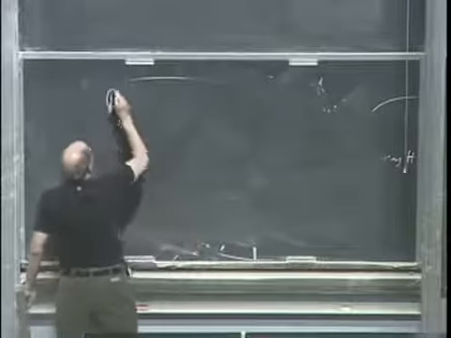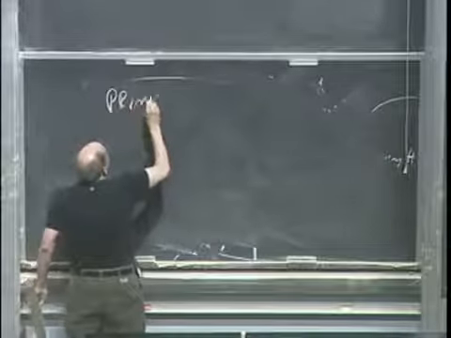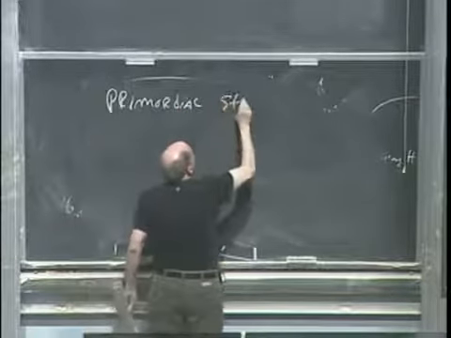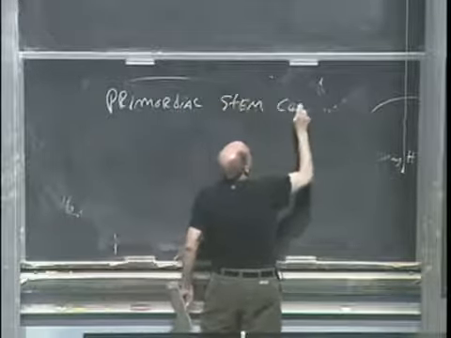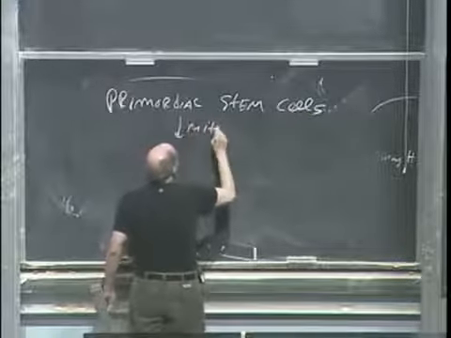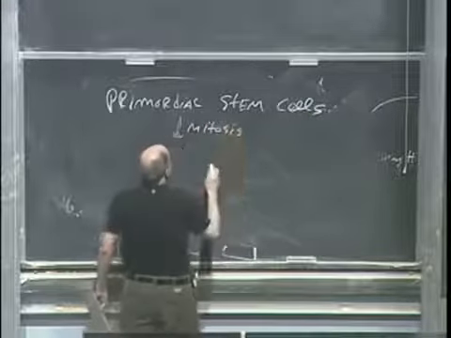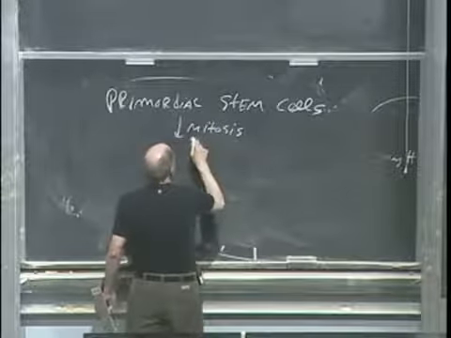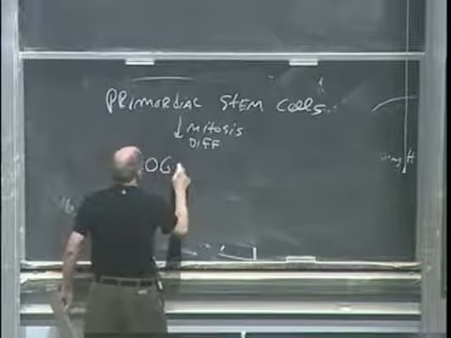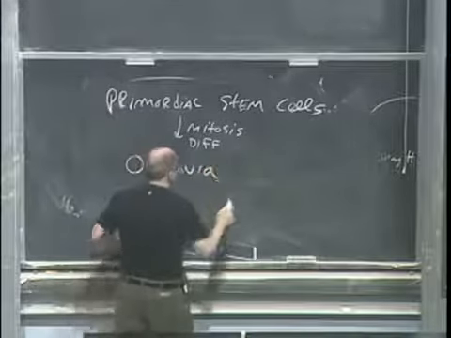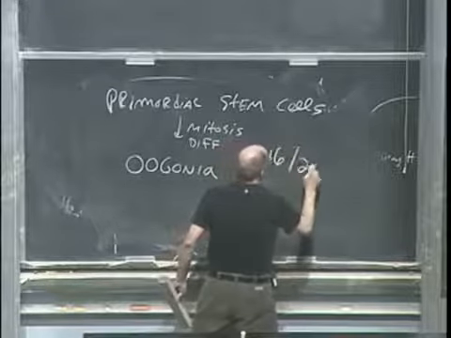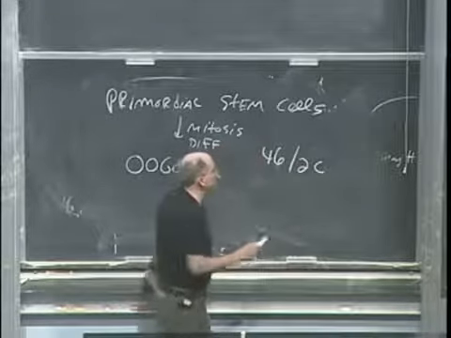What happens is, during fetal development, there's something called primordial stem cells, which undergo mitosis and differentiation, forming oogonia. Both the stem cells and the oogonia are 46 chromosomes and 2C DNA. So these are true diploids.